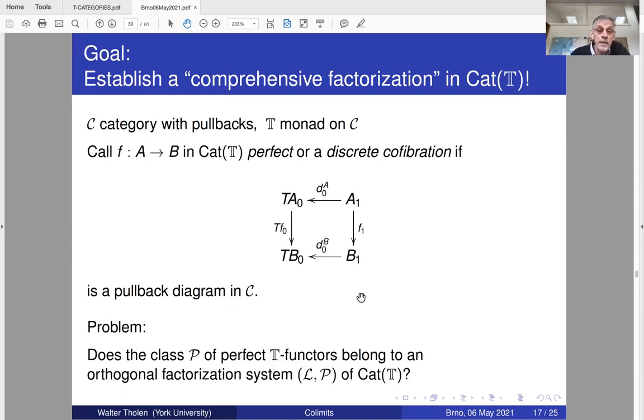So the question then is, you have a good candidate for the right part of a factorization system. So the first general question is, when you have such a class, how do you determine that there is a factorization partner, provided that the category has pullbacks?